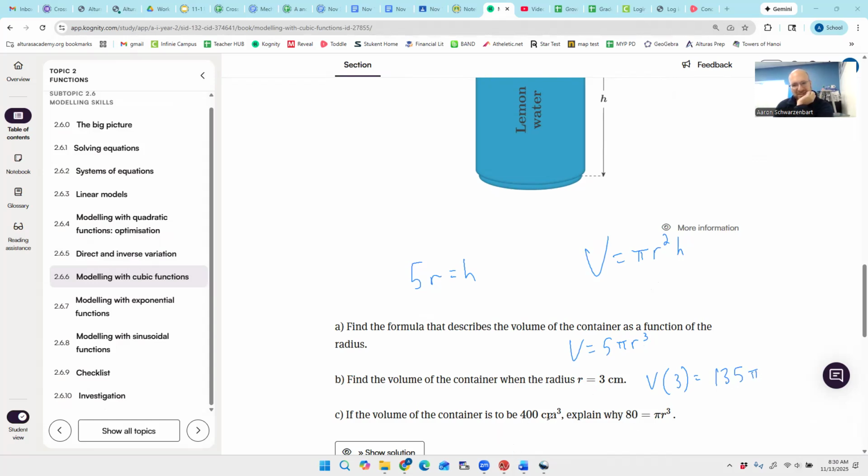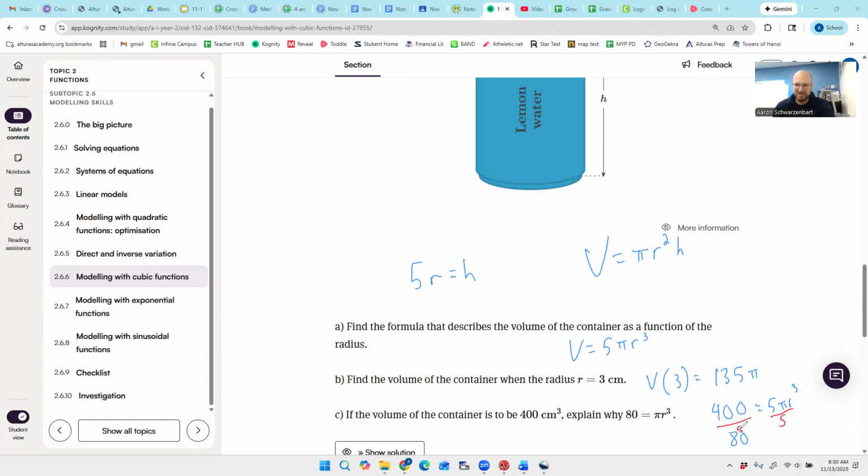If the volume of the container is to be 400 cubic centimeters, explain why 80 equals pi r cubed. Well, that's easy. 400 equals 5 pi r cubed. Divide by 5. So to do this explanation, I think you could do it simply by solving.